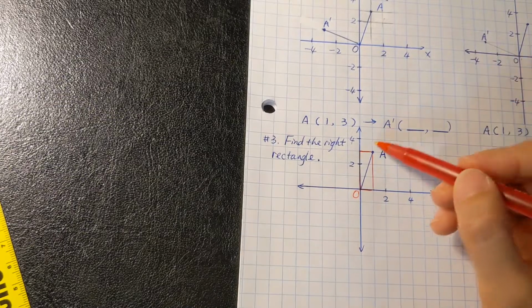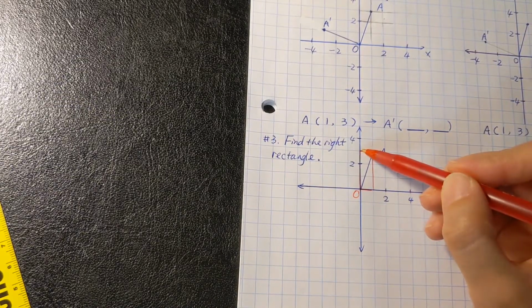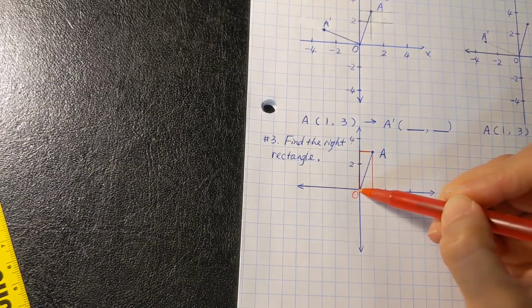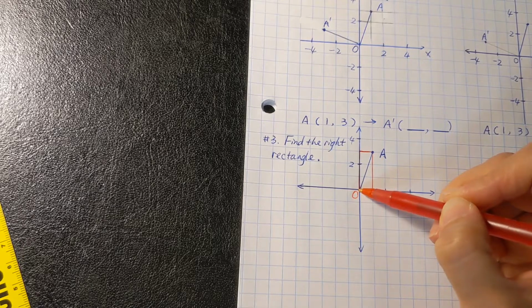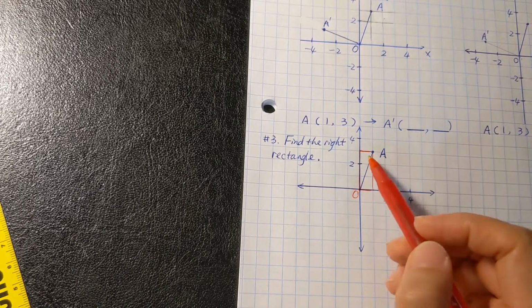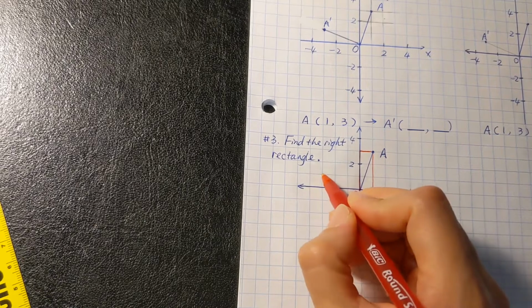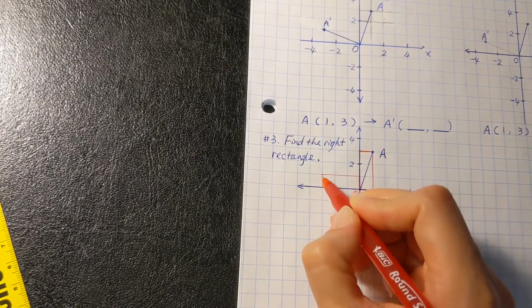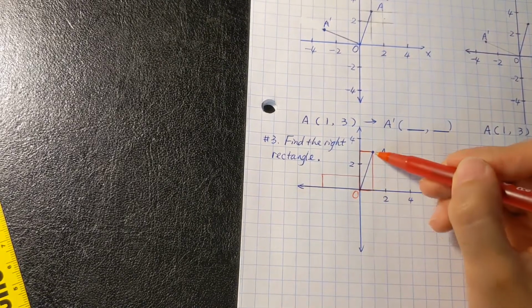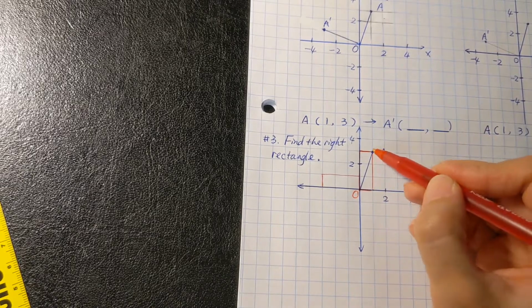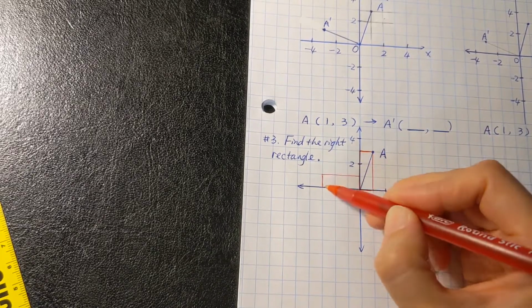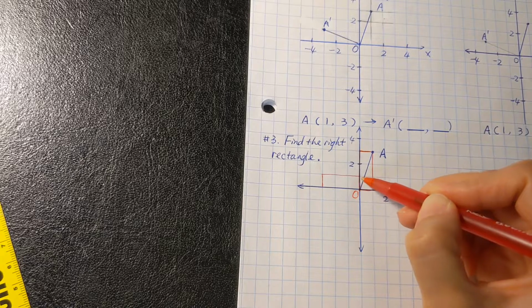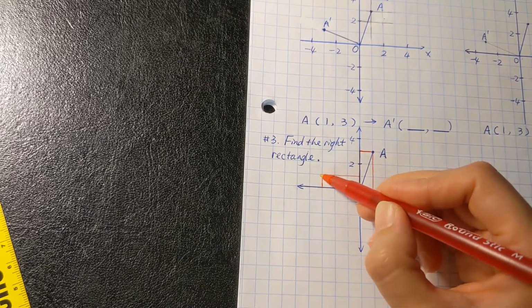So now this is a smaller rectangle. If you make that rotation around the origin O over here, eventually your rectangle will be down here. You see this is a 1 by 3 rectangle. When you rotate this 90 degrees counterclockwise about O, it's also a 1 by 3 rectangle down here.